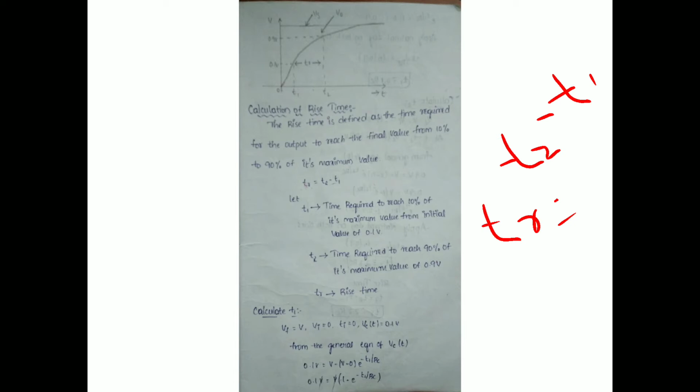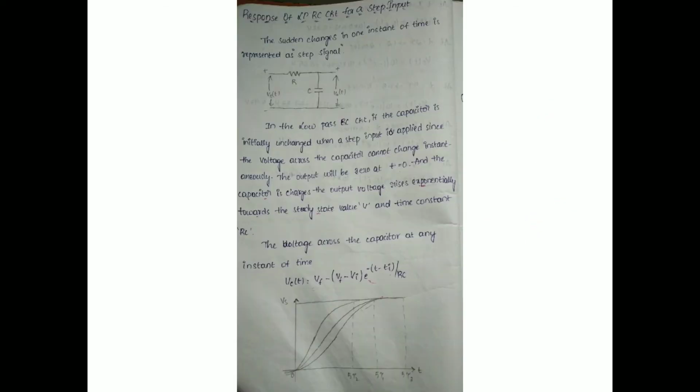From the general equation, we have already seen that Vc of t is equal to Vf minus (Vf minus Va) e power minus t by RC. Putting these values into this expression, Vc of t is equal to 0.1 V, Vf is V, Va is equal to 0, so the V terms cancel, and the expression becomes e power minus T1 by RC is equal to 1 minus 0.1, which is 0.9.